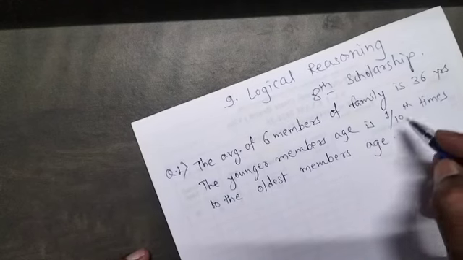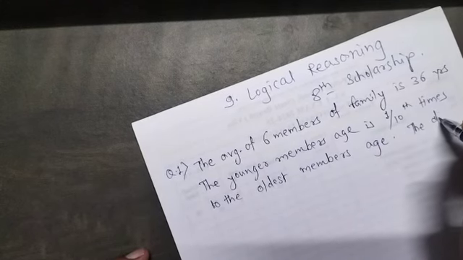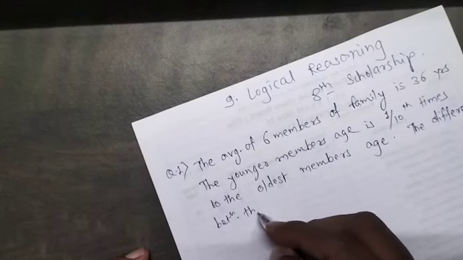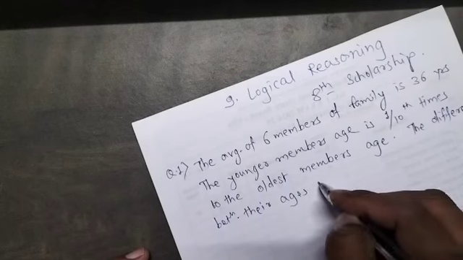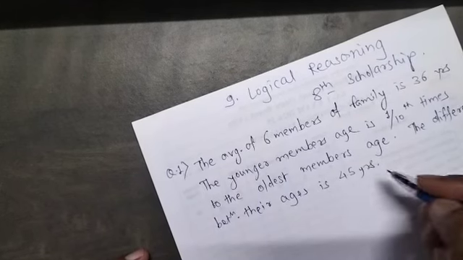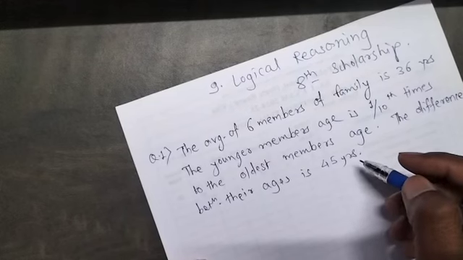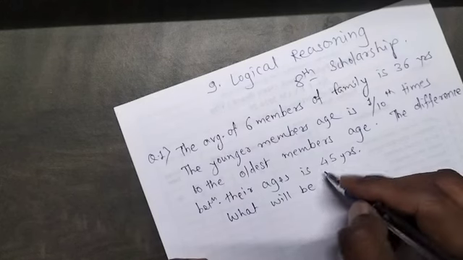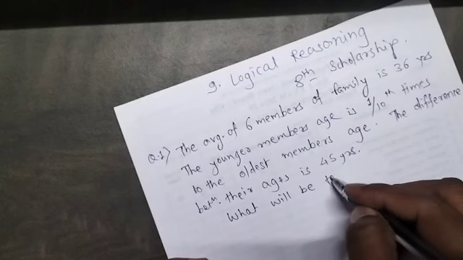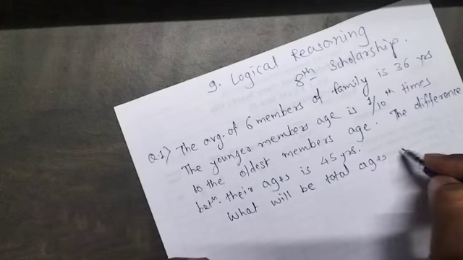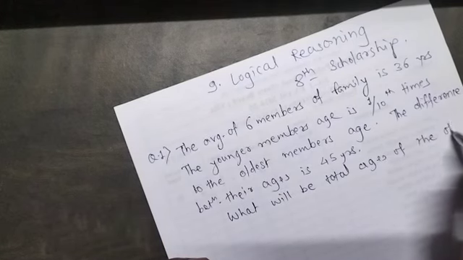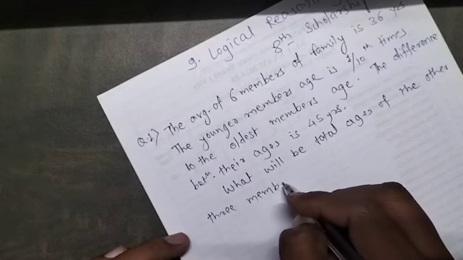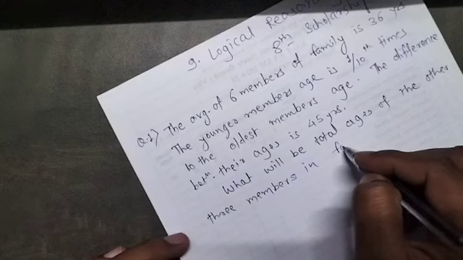The difference between their ages is 45 years. What will be the total age of the other 3 members in the family?